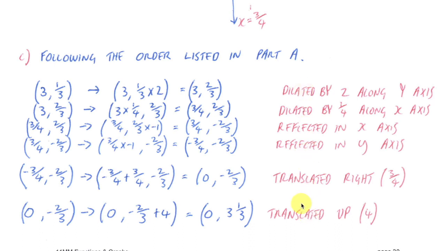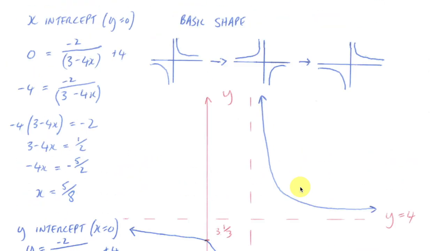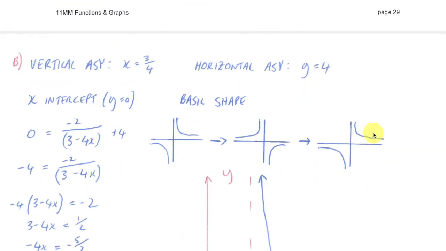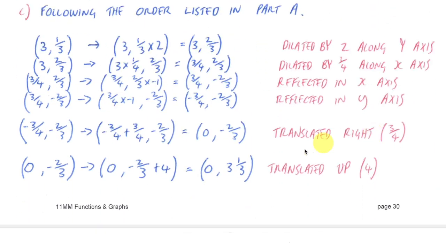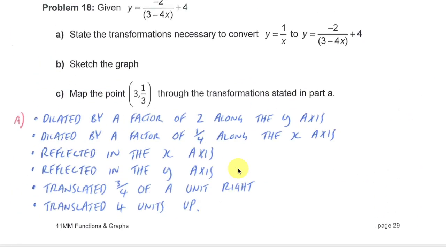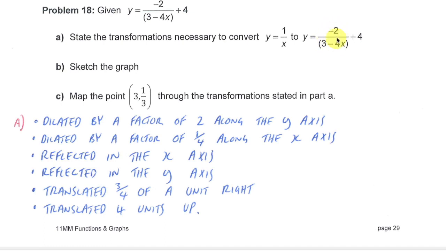And they are the transformations required to go, remember the original question, from here to here. So a point 3, 1/3 lies on this curve. And then if I apply the transformations necessary to produce this function, that particular point 3, 1/3 will become 0, 3 1/3, and that particular point will fit on this graph.